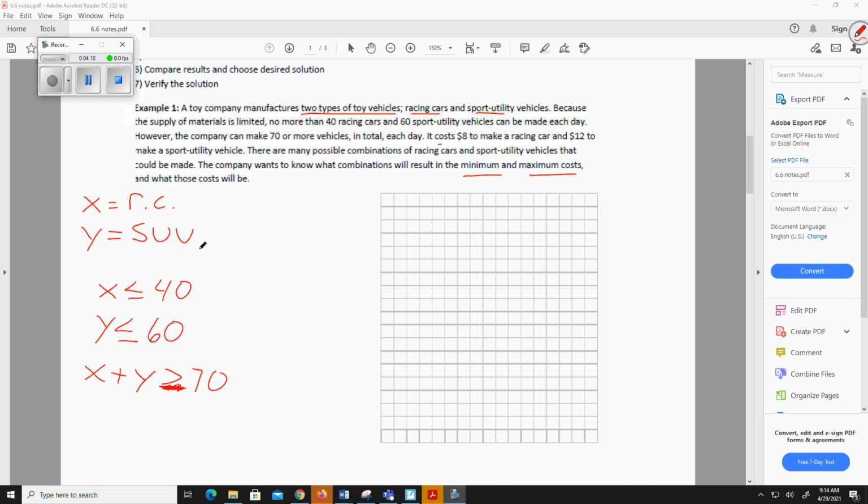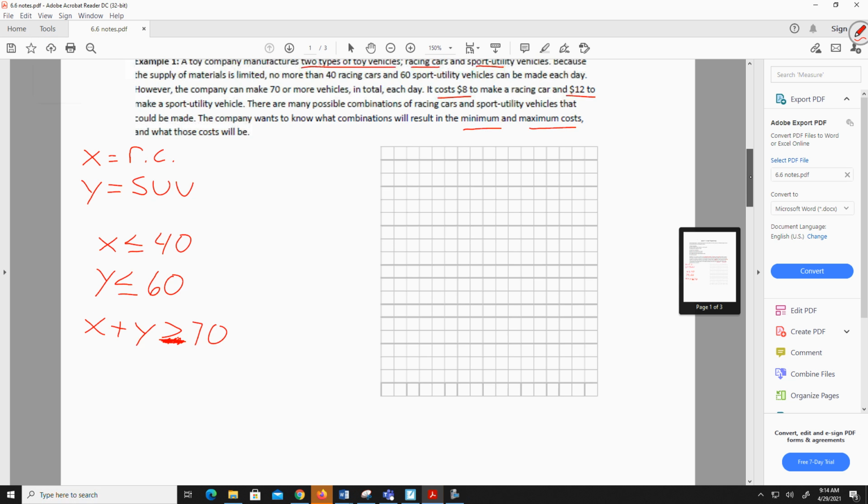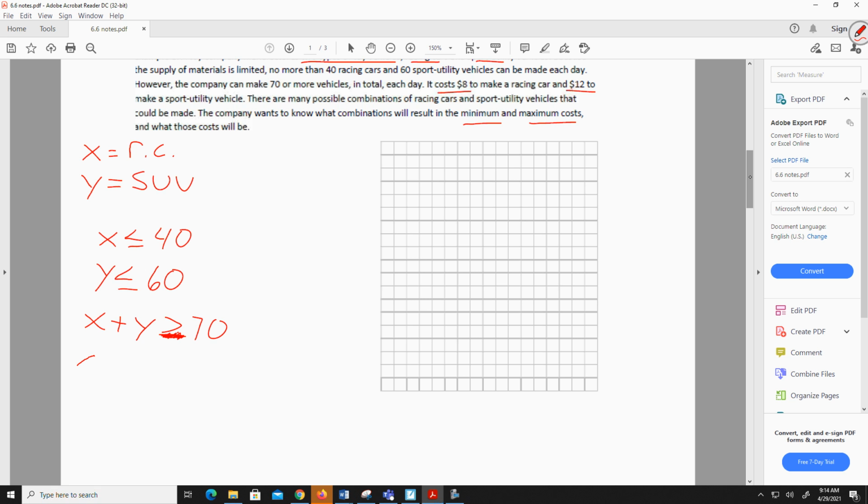Okay, so max or min cost. We're dealing with costs here, so our objective function, I'm going to put down here. We use C for cost. It's going to be C equals $8 per racing vehicle plus $12 per SUV. Right? Okay, so now all we've got to do is graph this stuff.